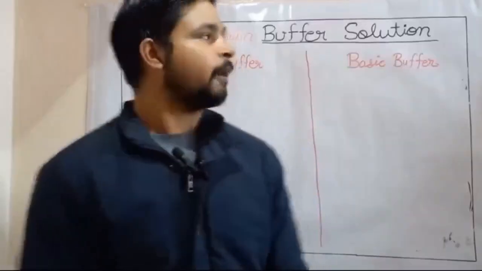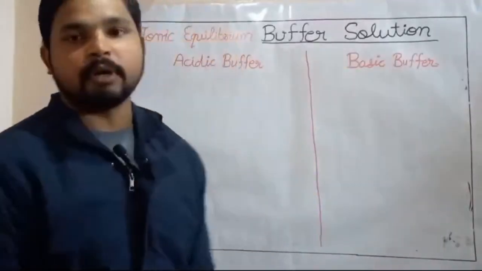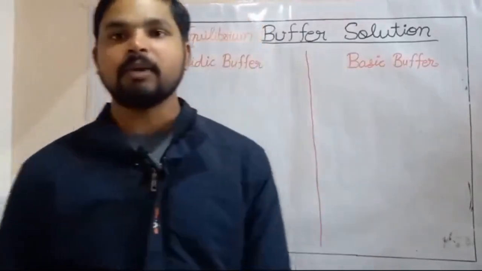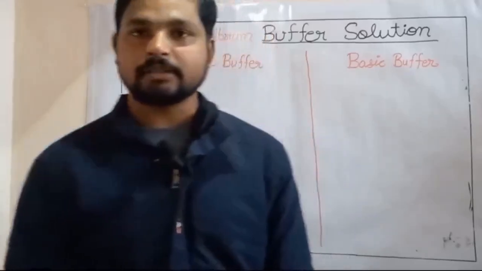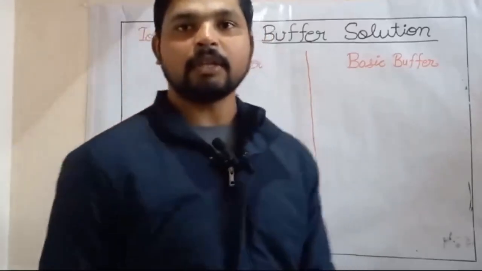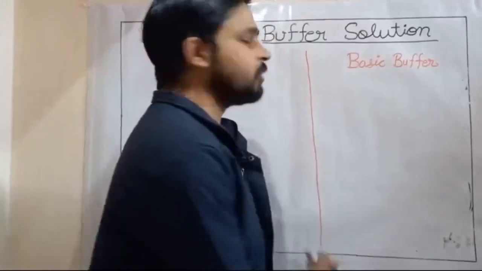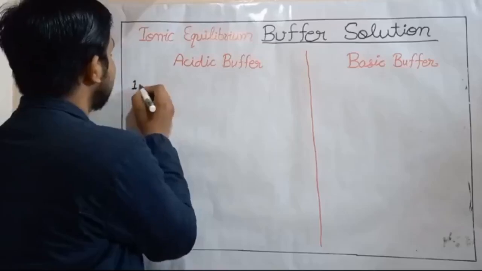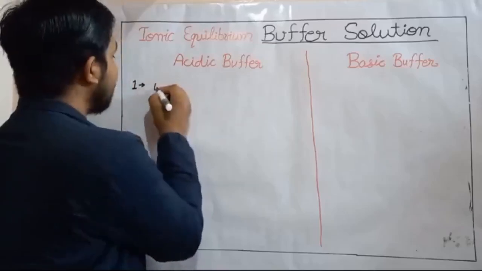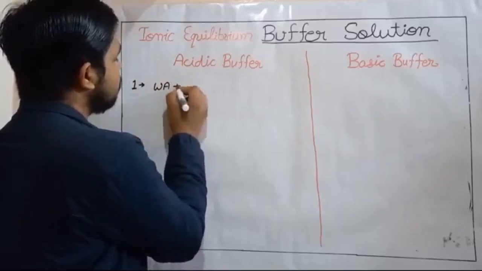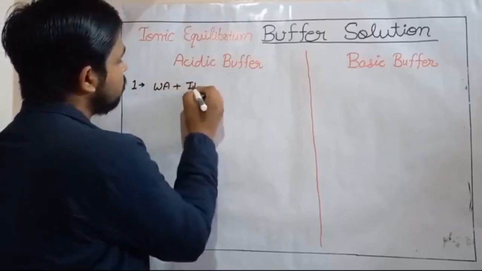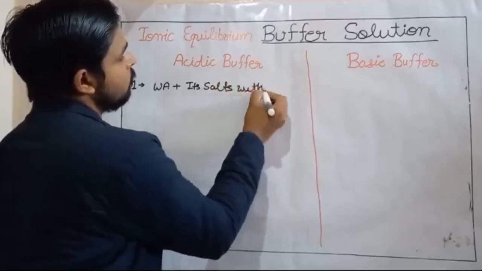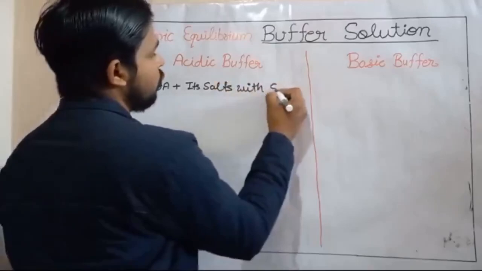Now we discuss mixed buffer. Mixed buffers are classified into two types, acidic and basic buffer. Now we discuss in detail how we prepare acidic buffer and basic buffer. The first method of preparation of the acidic buffer is to take a weak acid plus its salt with a strong base.